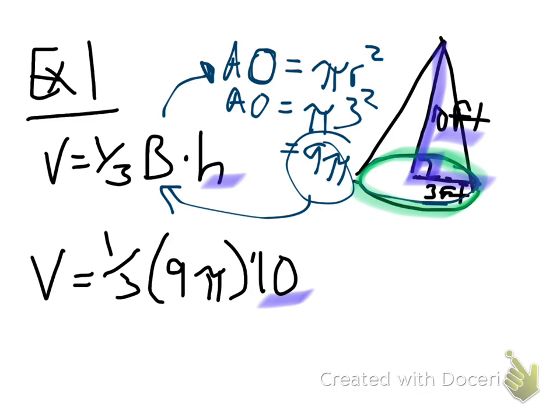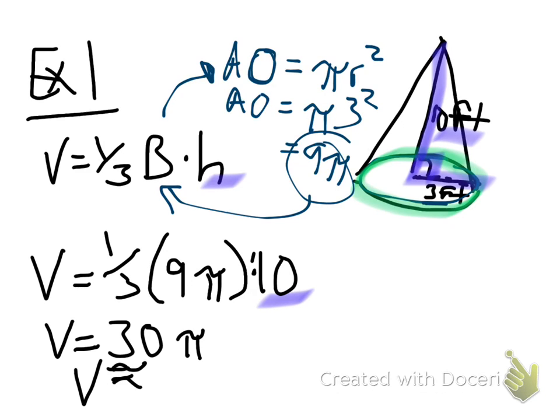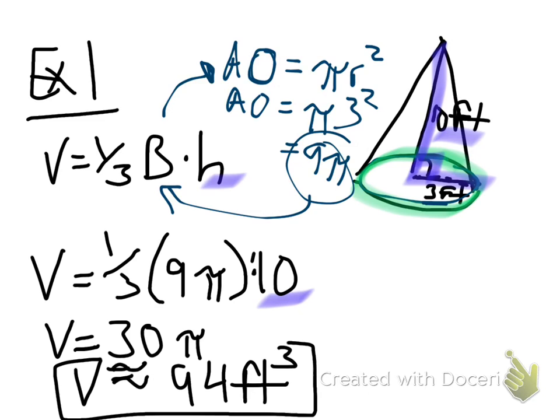So volume equals 1/3 times 9 pi times 10. 90 times a third is 30, so 30 pi. Plug in 3.14, so volume is approximately 94 feet cubed. Remember, it's feet times feet times feet, so we're talking about 3 dimensions.